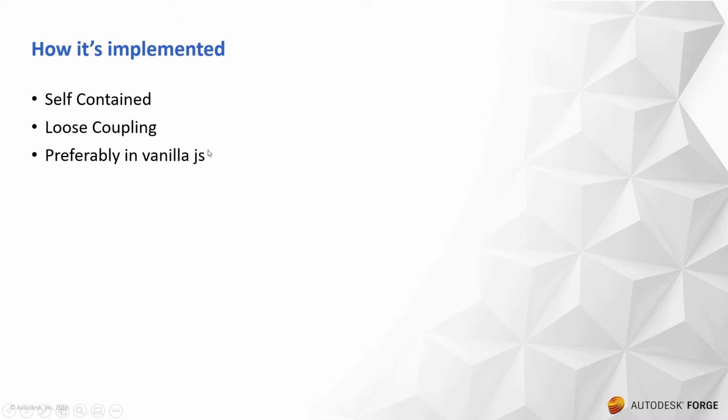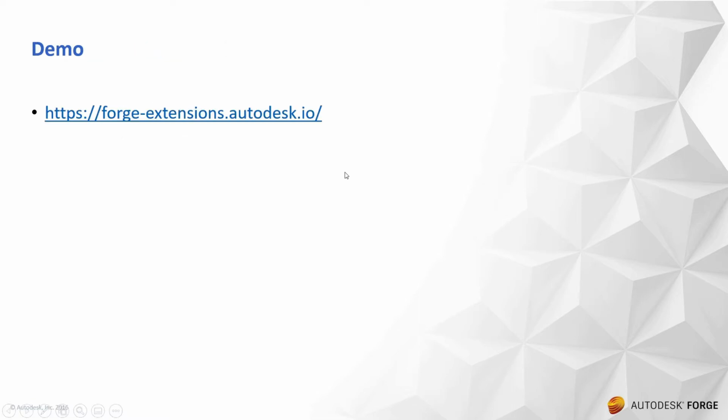Loose coupling, in the sense that these extensions exist on their own and are linked in a project very easily, and hence can be reused in any other project. To make these extensions as reusable as possible, most of them are written in Vanilla.js. Let's go for the demo.